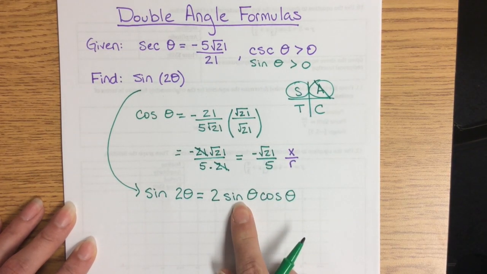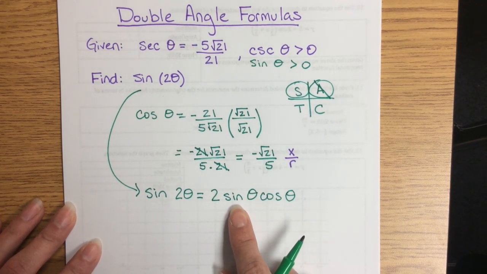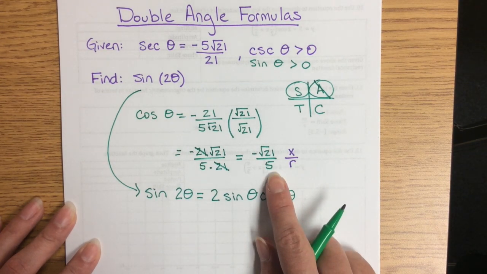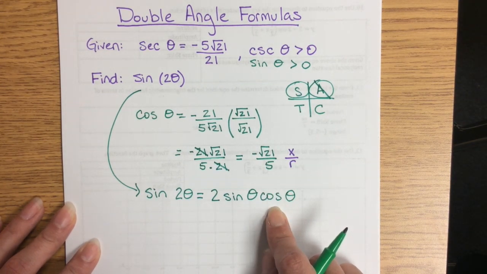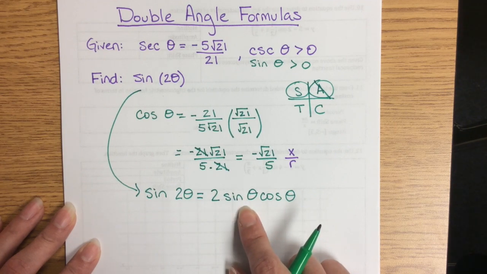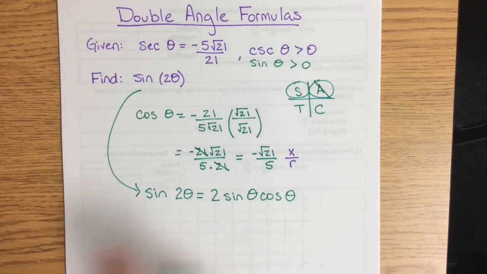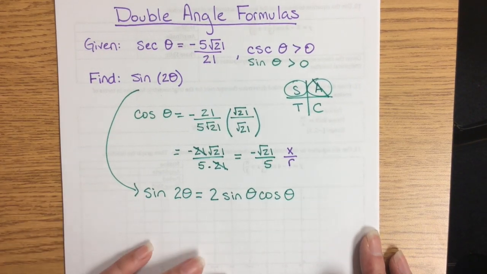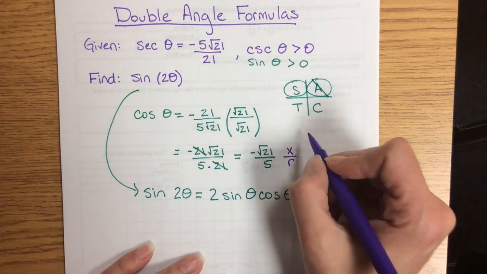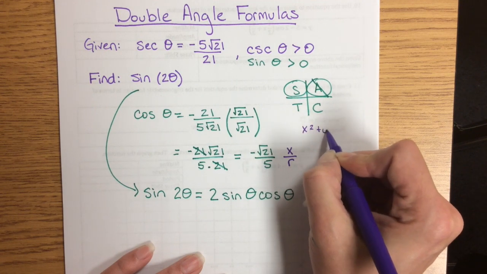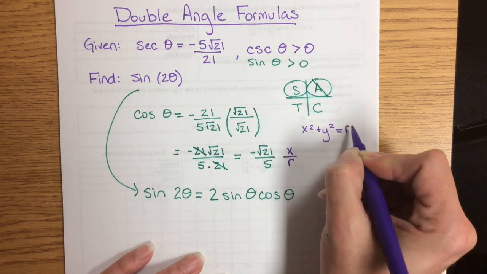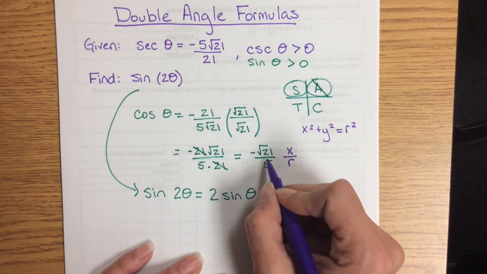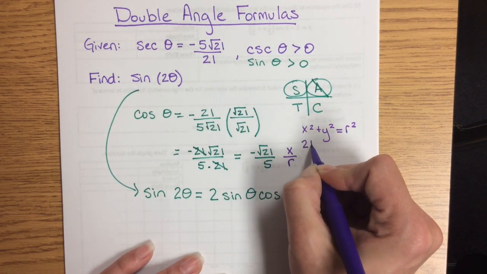Now, in order to find sine, we need y. All right, we have cosine. It's right here, and we can just plug that in. But we need to find sine, therefore we need to find the y value. So how do we find the y? Well, Pythagorean theorem: x squared plus y squared equals r squared. And so we know that x squared is 21.